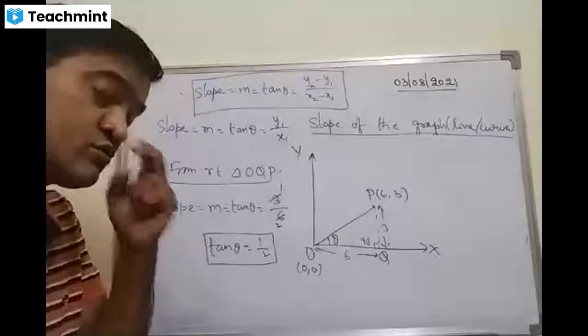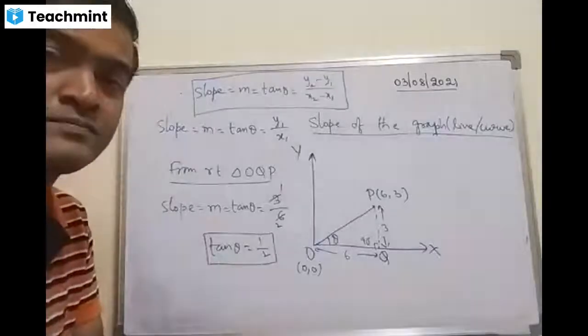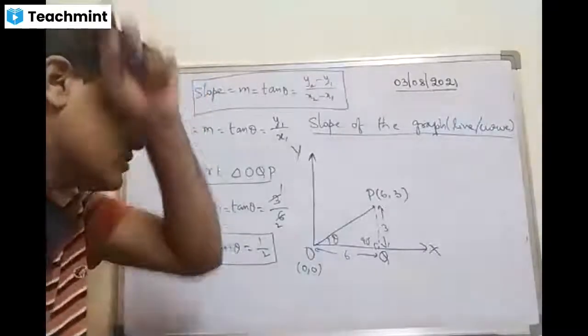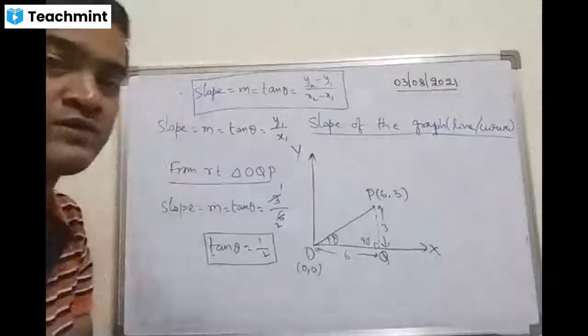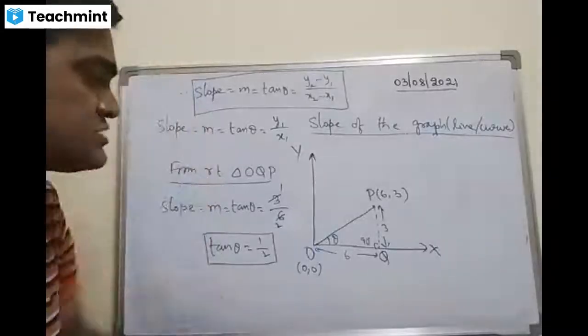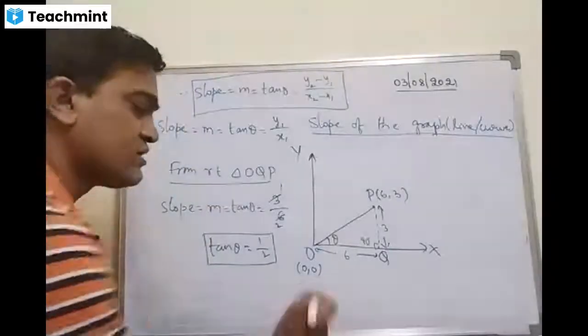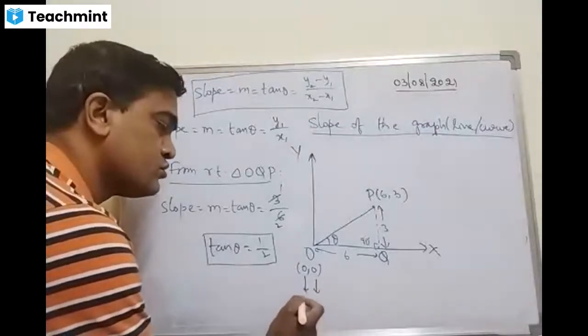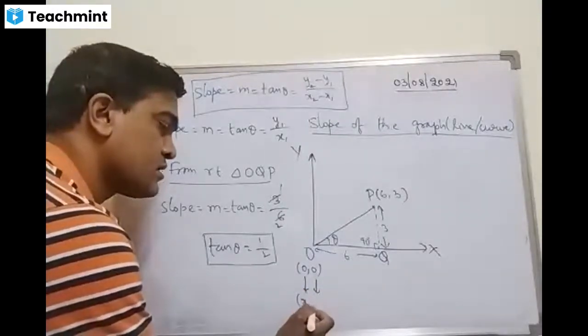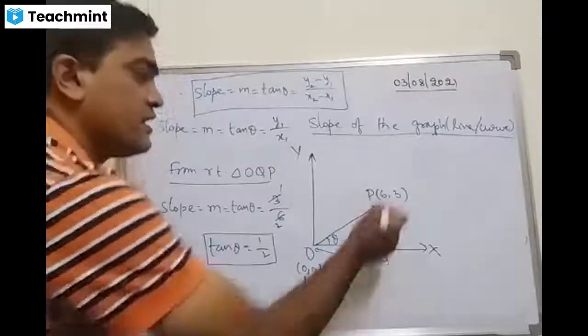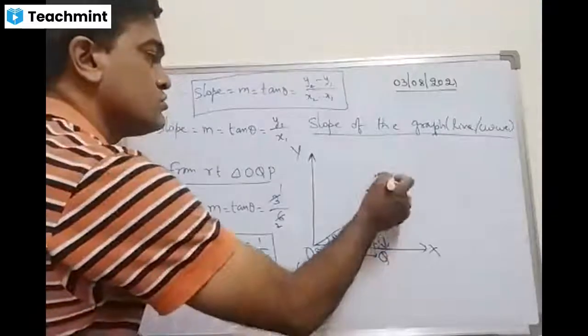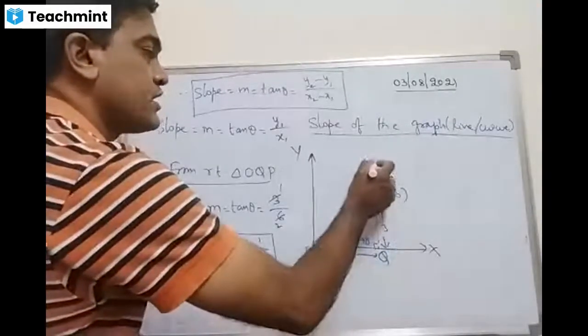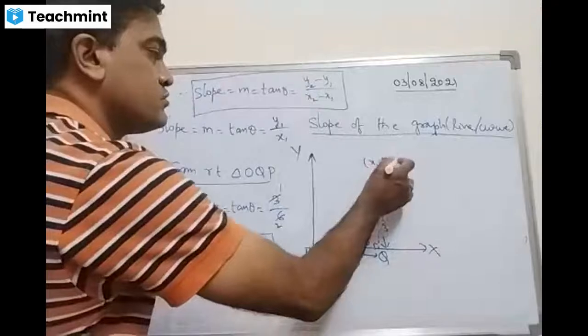Now if I ask you to find slope using the 2-point form, what will be the formula? 2-point form means what? This is x1, y1. I'm comparing these two with x1 comma y1, and I'll compare these two with x2 comma y2.